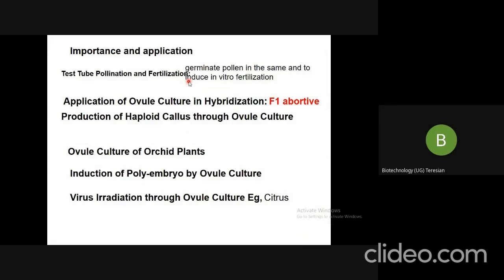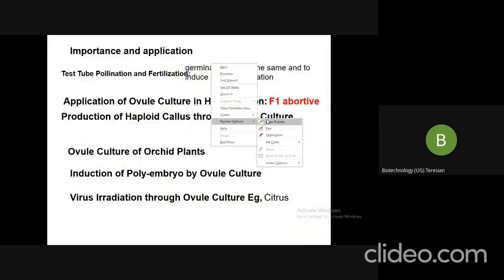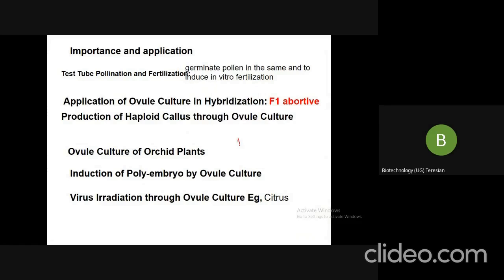And also, as we said about ovary culture, we can use it for the hybridization technique here also. Whenever we use interspecific or intergeneric crosses, it may be interspecies or intergeneric, where the genera are different.